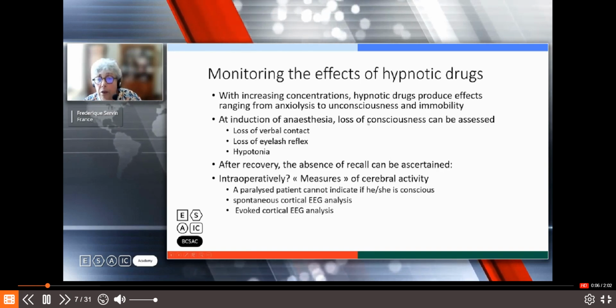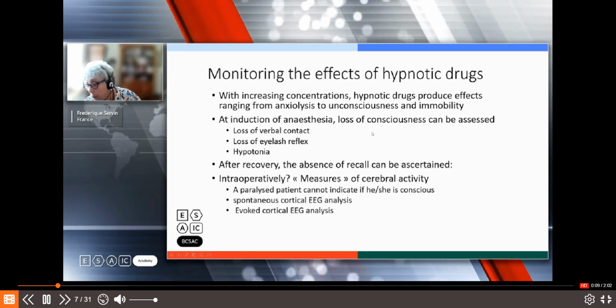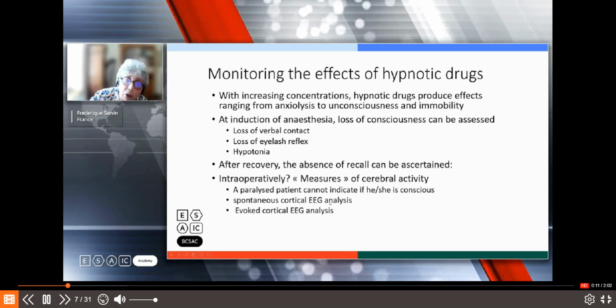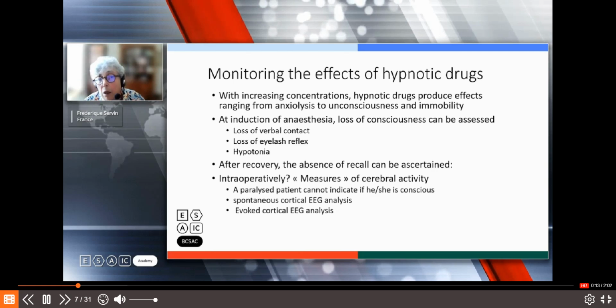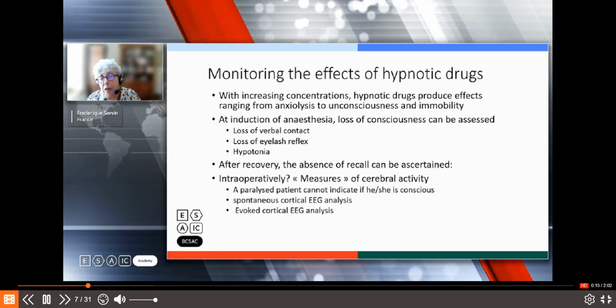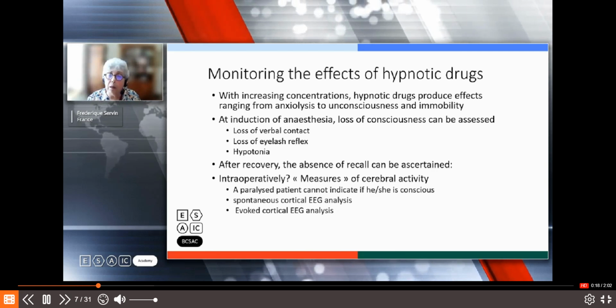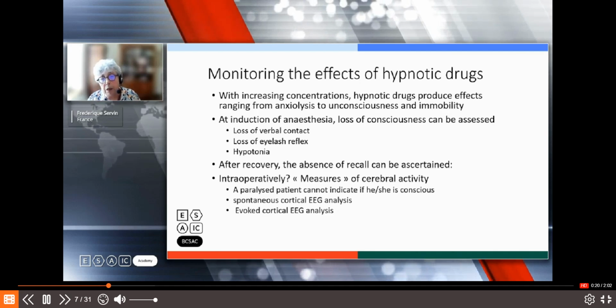How can we monitor the effects of hypnotic drugs? With increasing concentration, you will have, with the GABAergic drugs, a progressive increase in the effect from anxiolysis to unconsciousness and immobility.